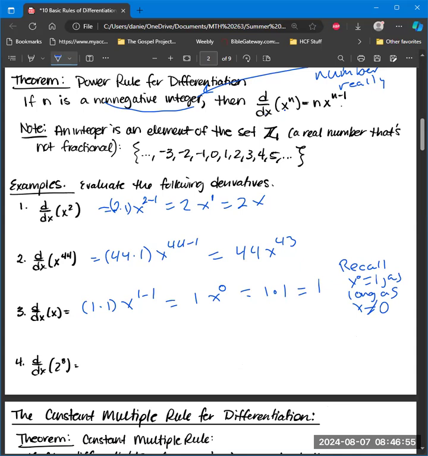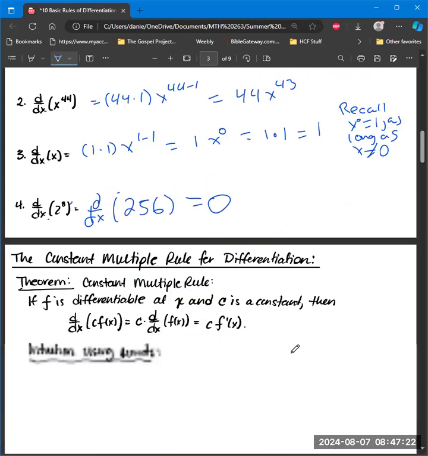And the derivative with respect to x of 2 to the 8th, don't get confused by that, even though that looks like it's going to be a power rule. This is really the derivative with respect to x of a number, 256. It's a constant, so that's just going to be 0. There were no x's, so there's an x to the 0 here, and 0 times anything is 0.